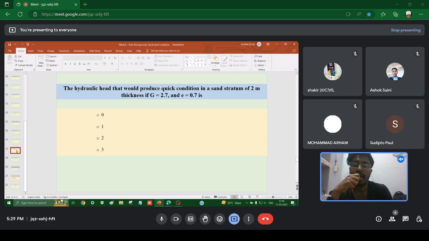The hydraulic head that would produce quick condition in a sand stratum of 2 meter thickness, if specific gravity G equals 2.7 and void ratio e equals 0.7, is. You have to calculate the hydraulic head that would produce quicksand condition in a 2 meter sand stratum, in which the specific gravity is 2.7 and void ratio is 0.7.